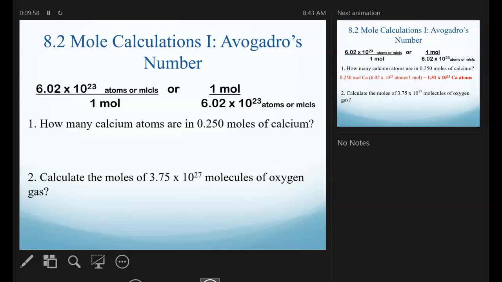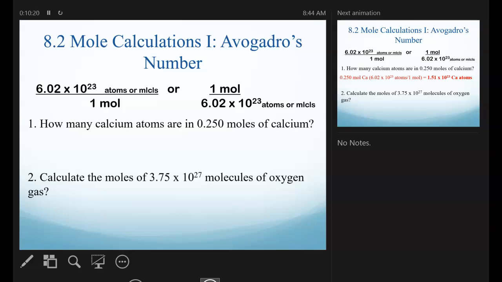Is that my given now? Yes. Sorry, that's molecules of oxygen. Okay? I write out molecules. Again, if you want to abbreviate it, you can do that, but I write out molecules.